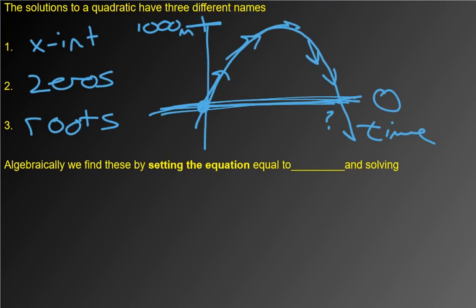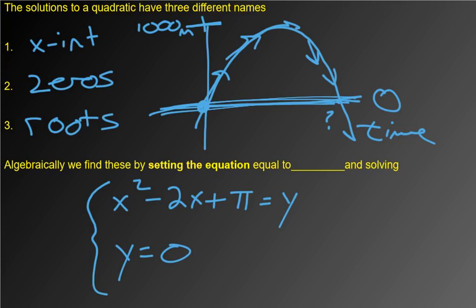And to do that, again, I said this last time too, we might take a quadratic like x squared minus 2x plus pi for no good reason. And we're basically just solving a system of equations where we want to know when does y equals x squared minus 2x plus pi equal y equals 0.